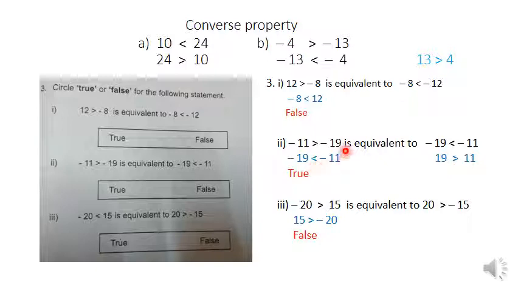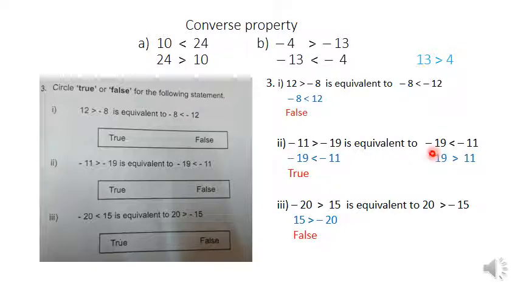Okay, these two inequalities are equivalent. Negative 11 is greater than negative 19 and negative 19 is less than negative 11. These two are equivalent. Okay, so the converse property that you get is negative 19 is less than negative 11.